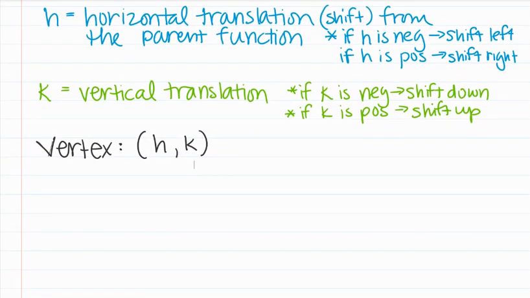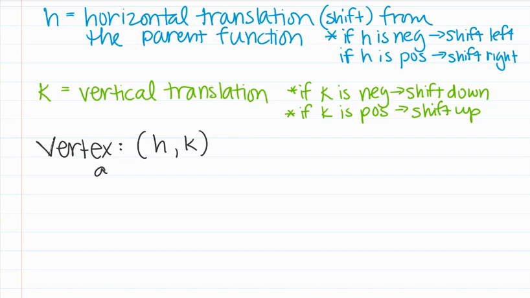But if you think about it, h is the horizontal translation, and horizontal is left to right, which should remind you of the x-axis is left to right. k is the vertical shift, and that's how the y-axis is set up.